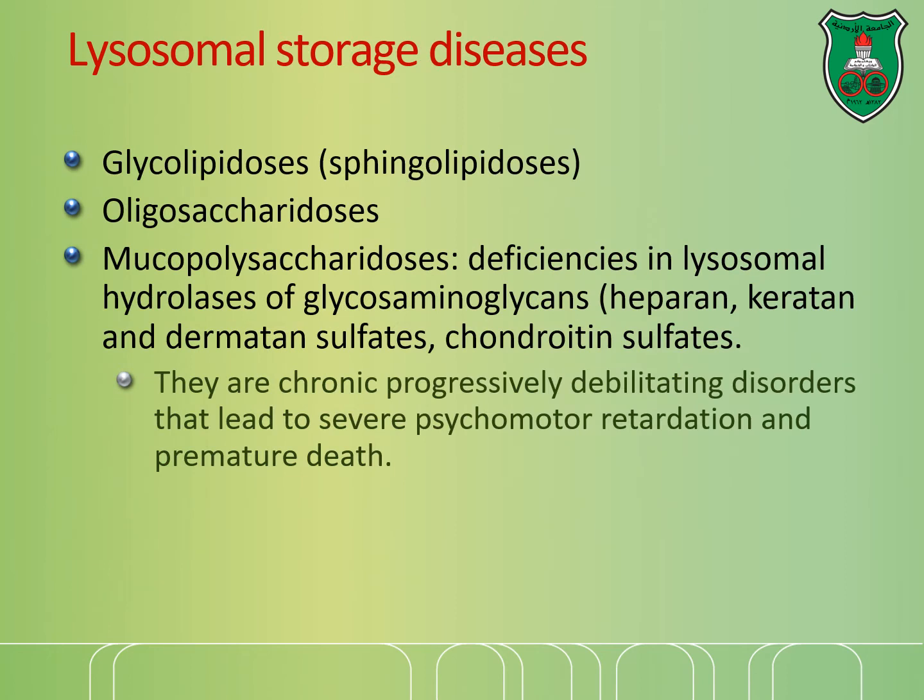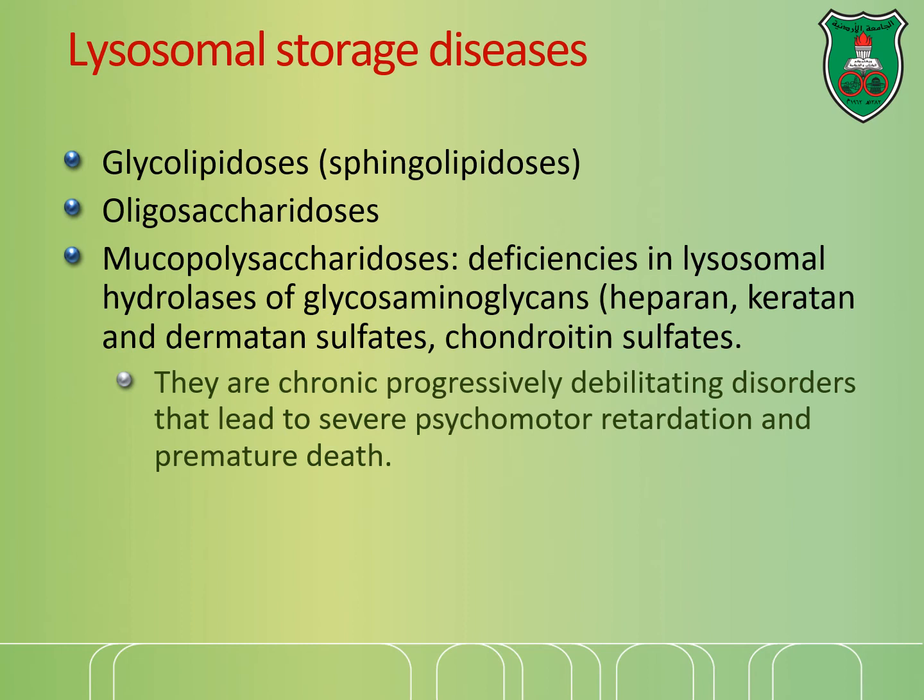Now, there are certain conditions that are related to deficiency of any one of these enzymes, okay? And these are collectively known as lysosomal storage diseases, and there are different types depending on the affected molecule. So you have glycolipidosis, meaning that there is a problem in the cleavage or degradation of glycolipids.